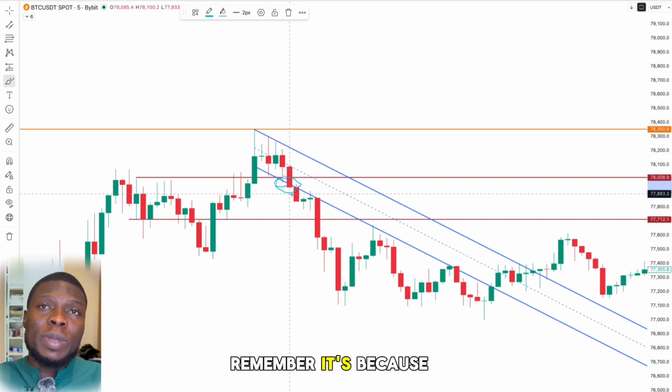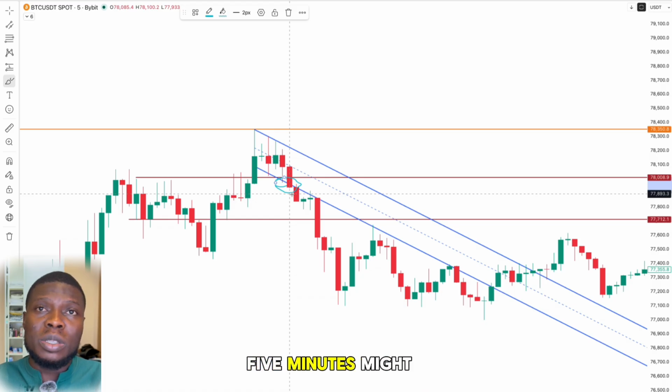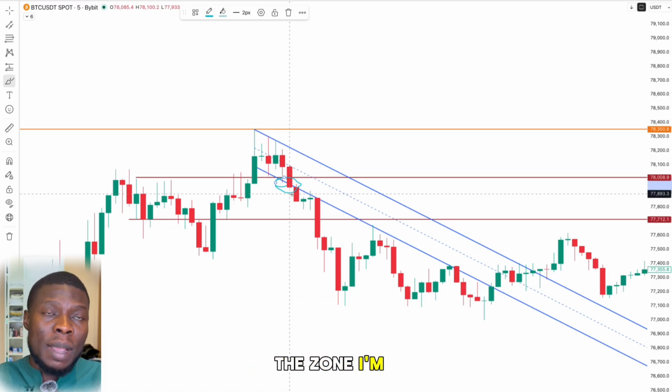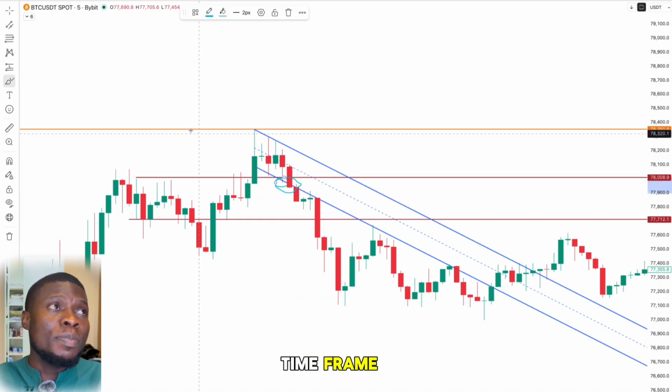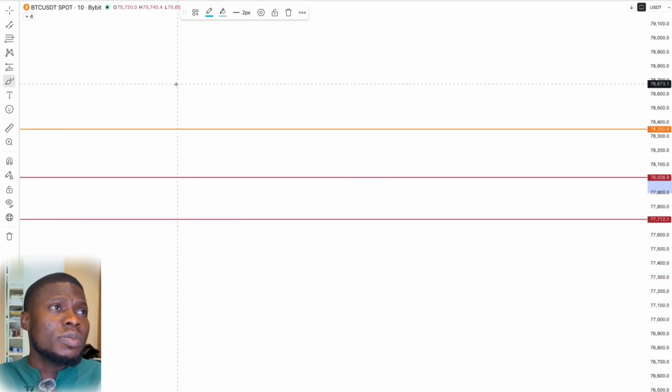Remember, it's because of the zone. It might be another zone and 5 minutes might be good, but because of the zone I'm in now, I have good 1 minute, 2 minutes, and 3 minutes time frames. So I'm going to check the next available time frame, which is 10 minutes.